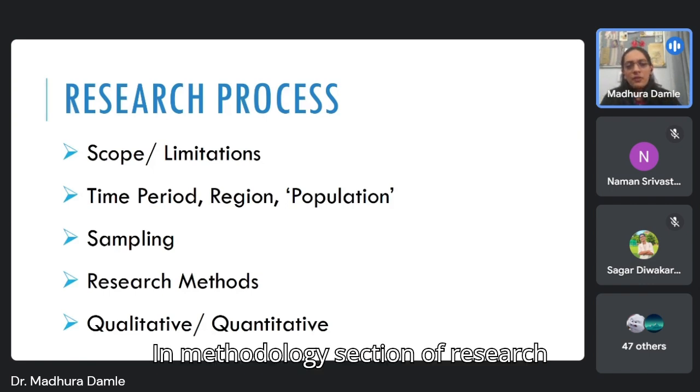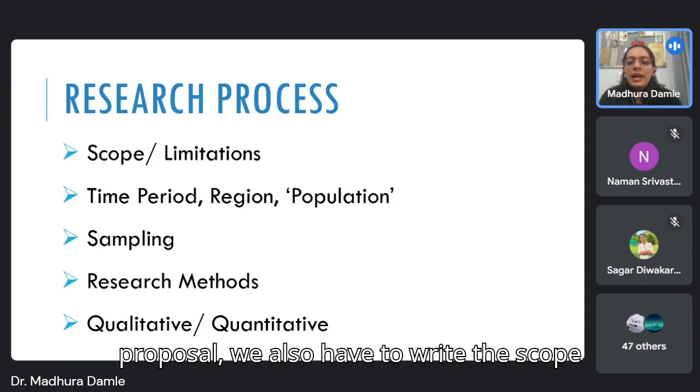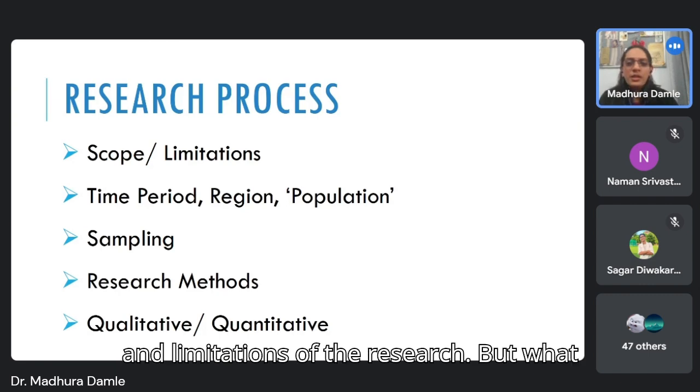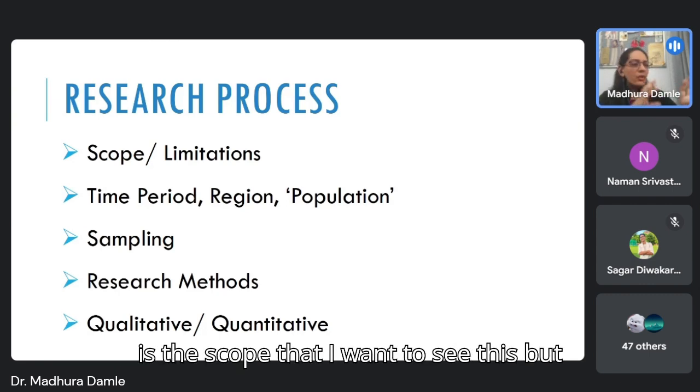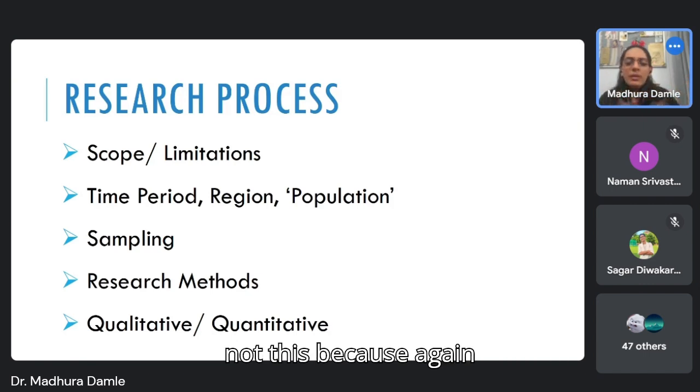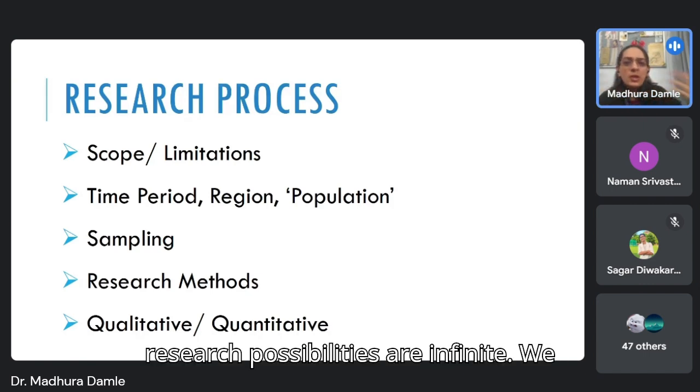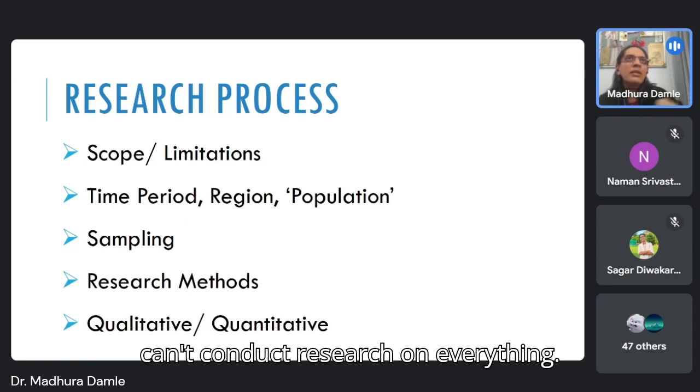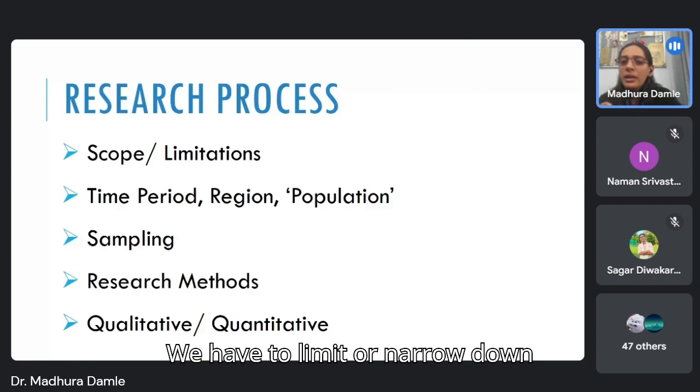In the methodology section of a research proposal, we also have to write the scope and limitations of the research. That what is the scope? That I want to see this, but not this. Because again, research possibilities are infinite. We can't conduct research on everything. We have to limit or narrow down our research.